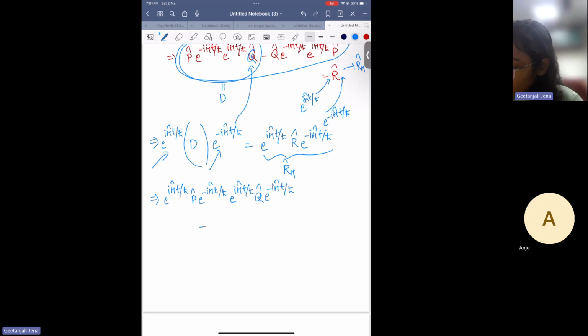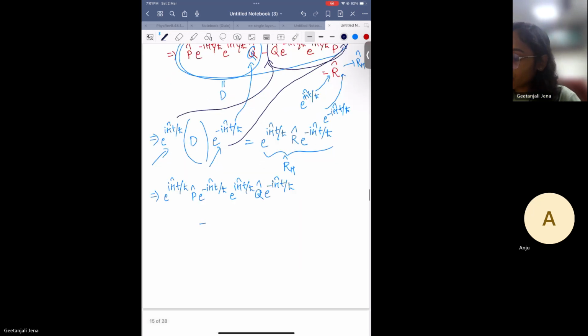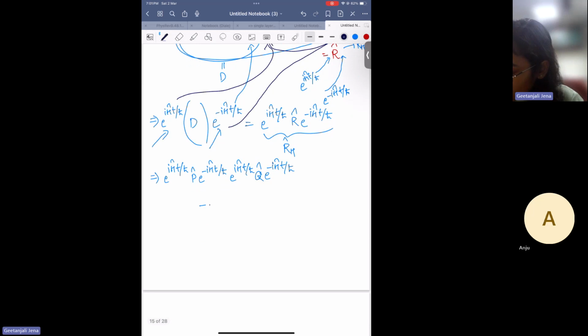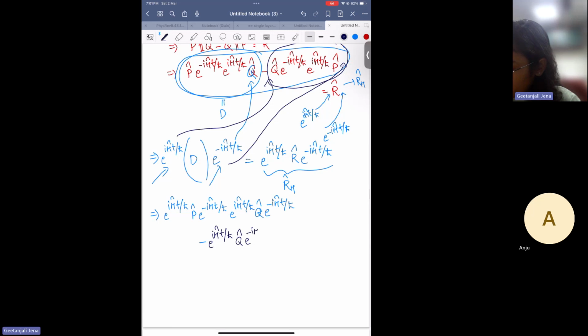Now the second term is e to the iHt by ħ Q e to the minus iHt by ħ e to the iHt by ħ P, and there is a term e to the minus iHt by ħ, which is equal to R_H.